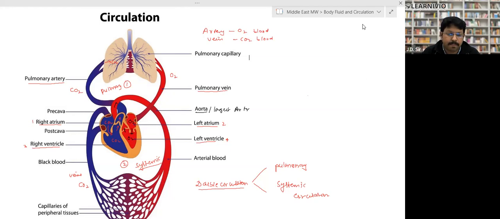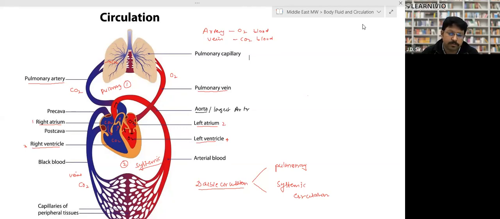Next paragraph. In systemic circulation, vena cava brings deoxygenated blood from tissues and pours into right atrium.